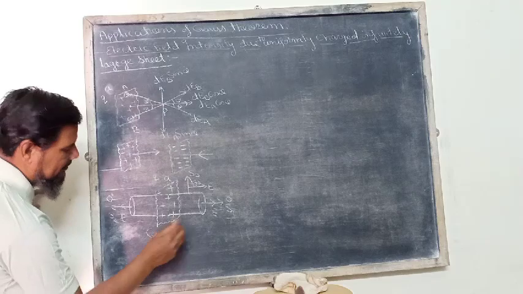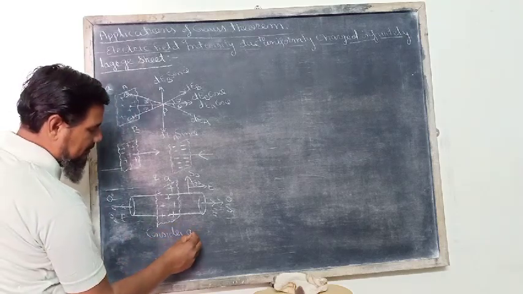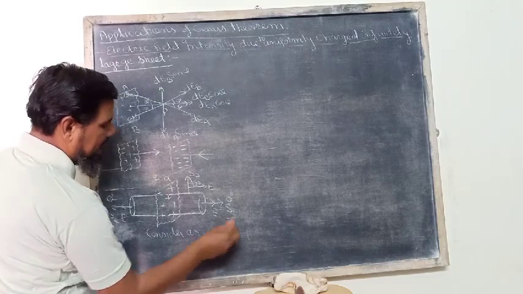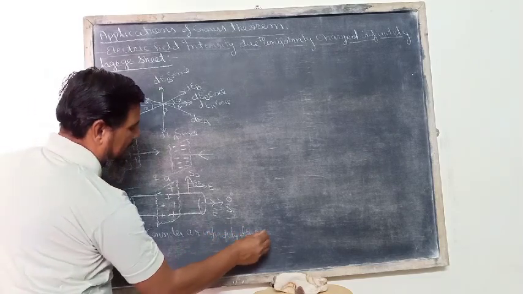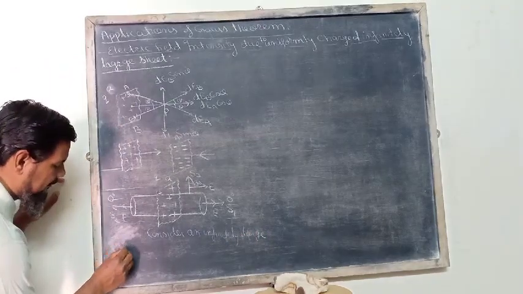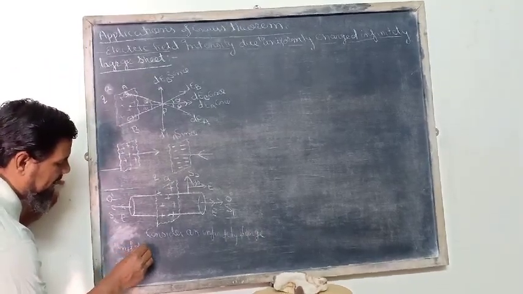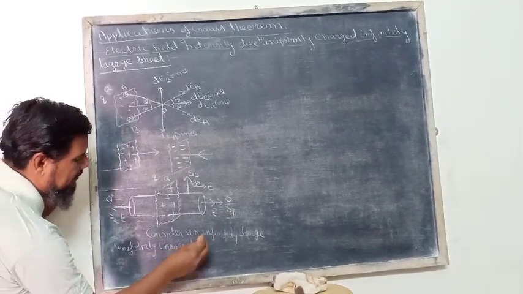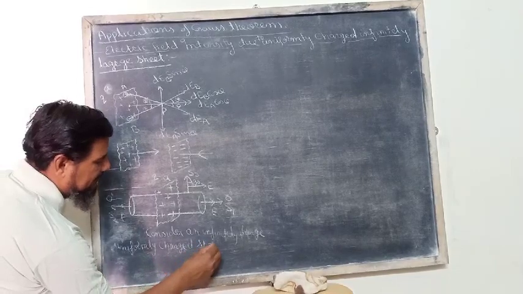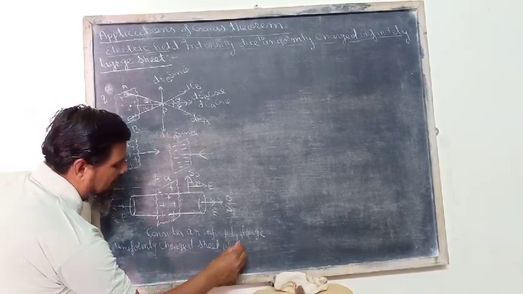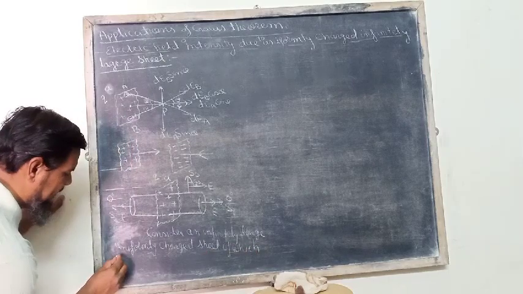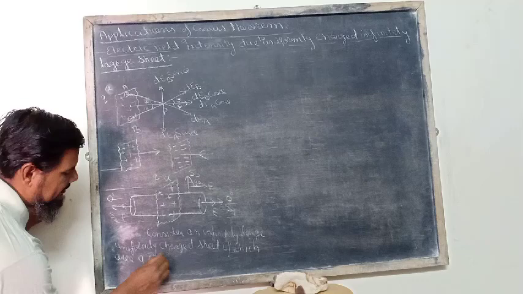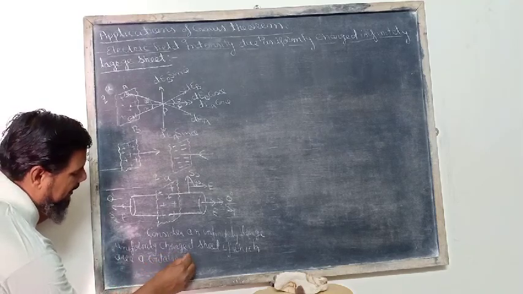Consider an infinitely large, uniformly charged sheet of which area A contains Q charge.